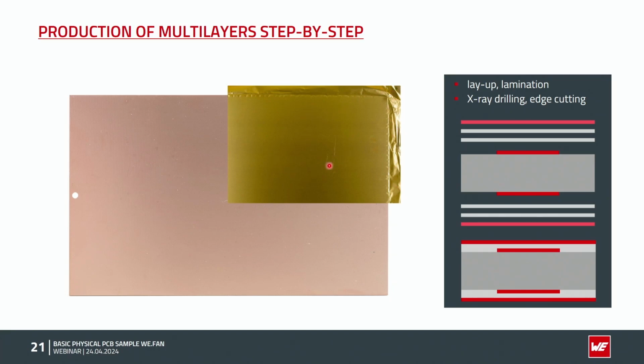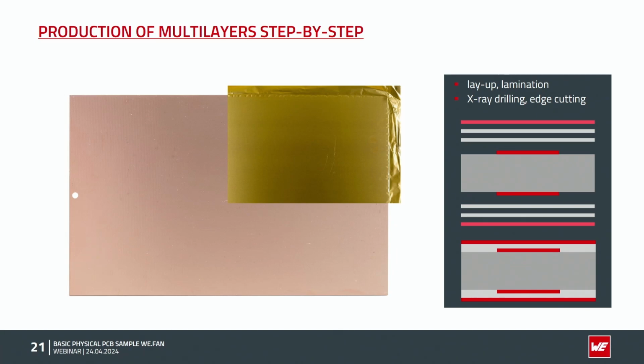So this is the multilayer inside, and we have some additional copper area which has to be cut, and prior to the cutting there is a process called X-ray drilling.